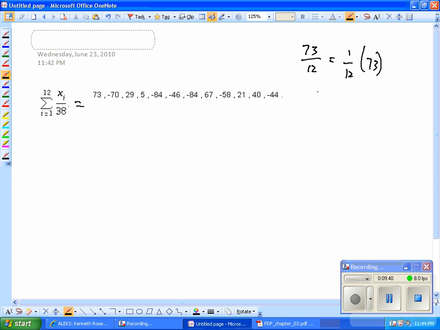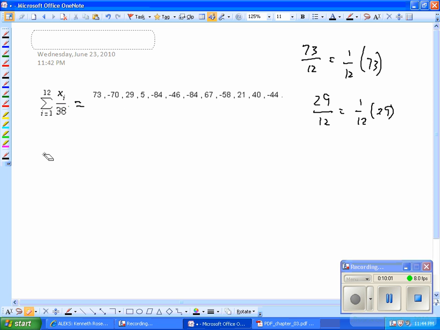And isn't 29 over 12 the same as 1 over 12 times 29? So isn't it the case that with these, I can just factor out the 1 over, oh, why am I doing over 12? It was a 38. So these are all 38s. You probably wondered what I was talking about.